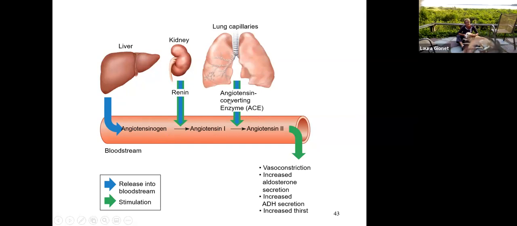Then ACE, angiotensin converting enzyme from the lungs, will convert angiotensin 1 to angiotensin 2. That's the potent form, the big vasoconstrictor. It helps stimulate further secretion of aldosterone and antidiuretic hormone. It stimulates the thirst center.